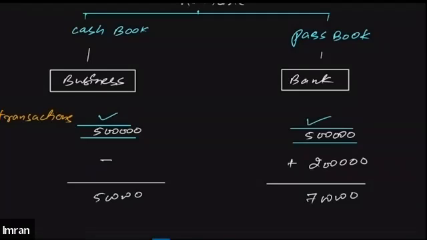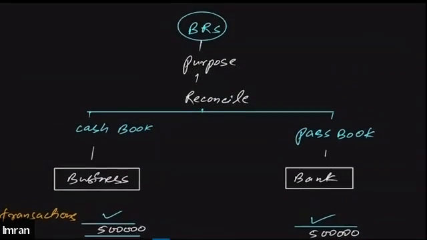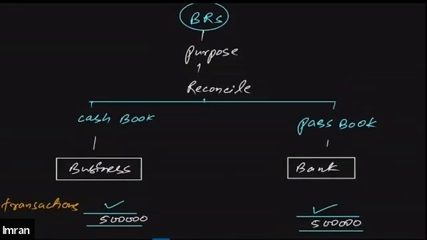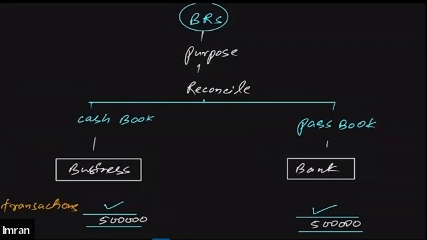So, Nisha, what I'm saying is that a bank reconciliation statement is there to reconcile the cash book and passbook. In order to understand the bank reconciliation statement, you first have to understand why there is a need to reconcile the cash book and the passbook.